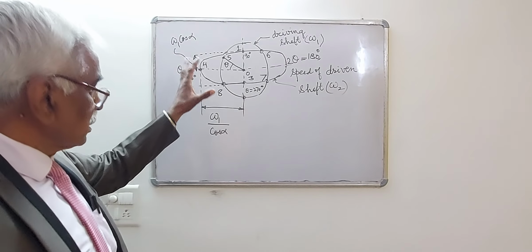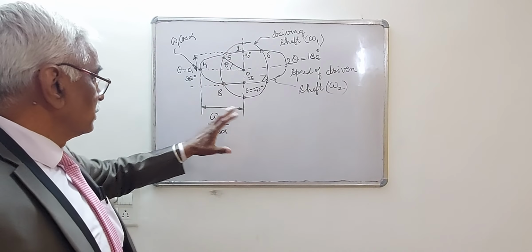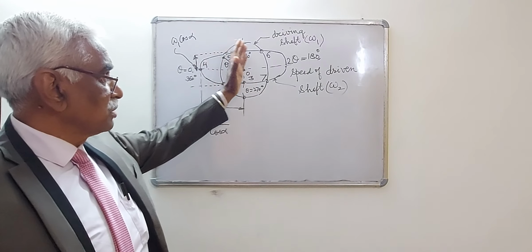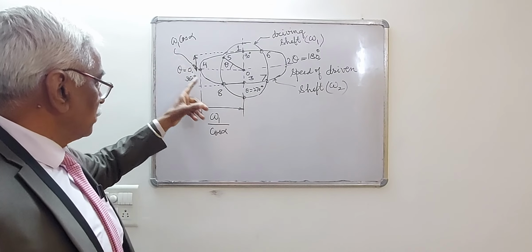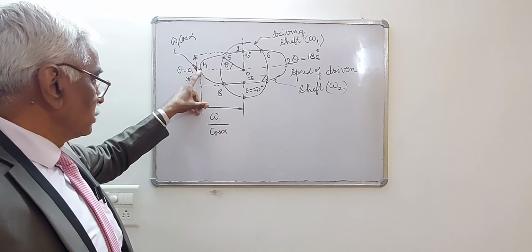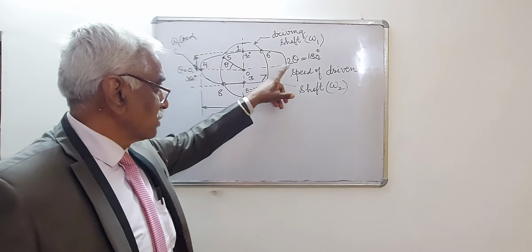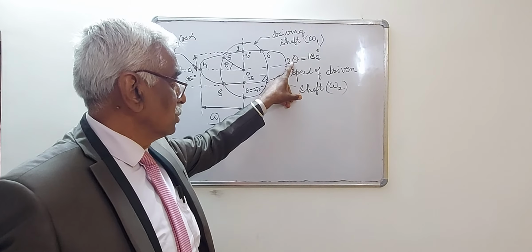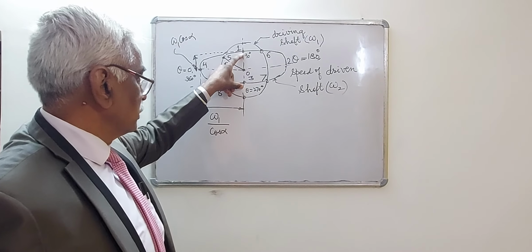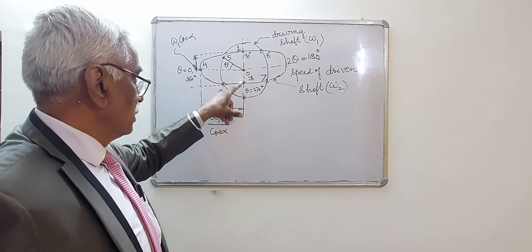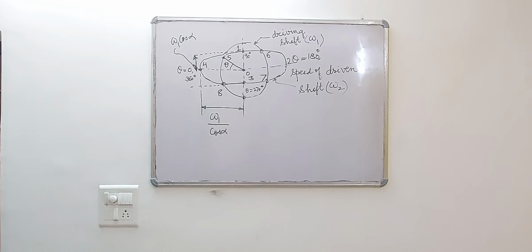So from the figure it is clear the speed of the driving shaft is always constant, that is omega 1, and the speed of the driven shaft goes on varying depending upon the value of theta. When theta is 0 degree, the speed of the driven shaft is maximum, and when theta is 180 degree, it is again maximum, and when theta is 90 degree, omega 2 is minimum, and when theta is 270, again omega 2 is minimum.